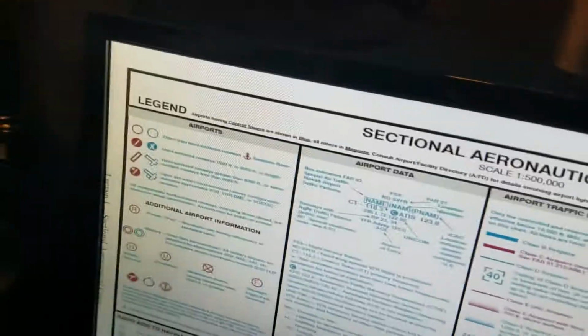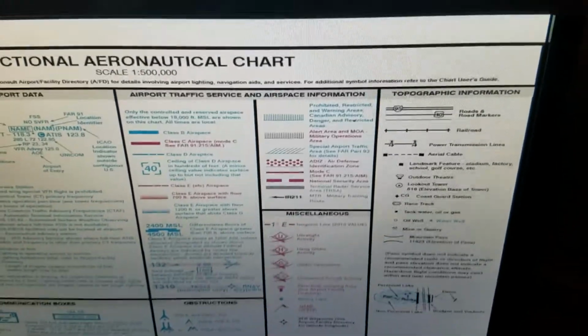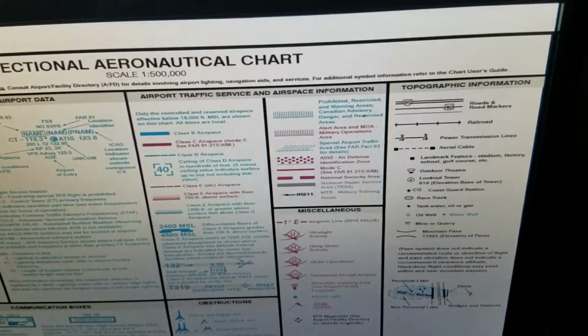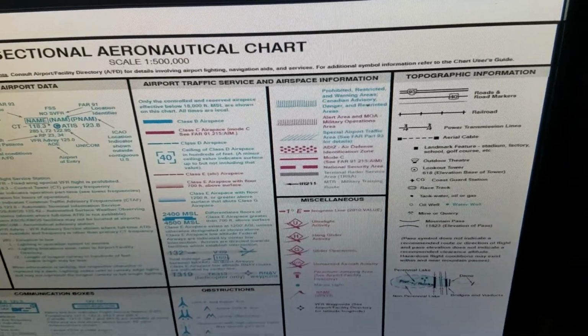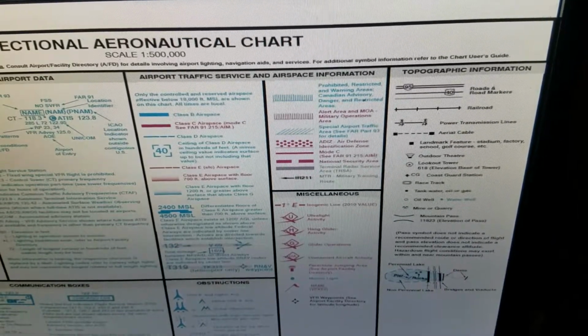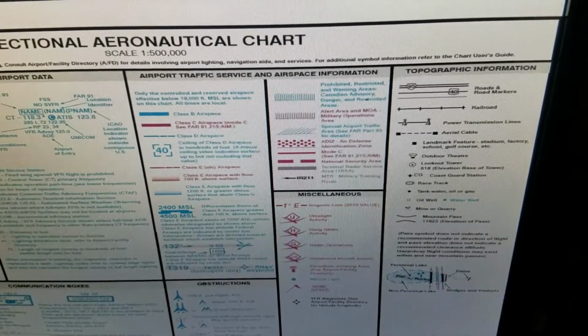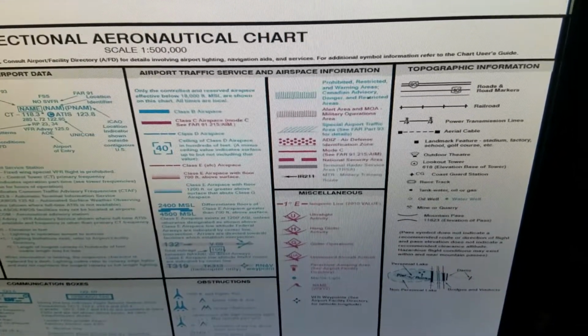And then okay, sectional chart. Let's concentrate on this sectional chart. Let me get a better display on this one. See these classifications: Class B, you have the thick blue marking, and Class C is the magenta marking.